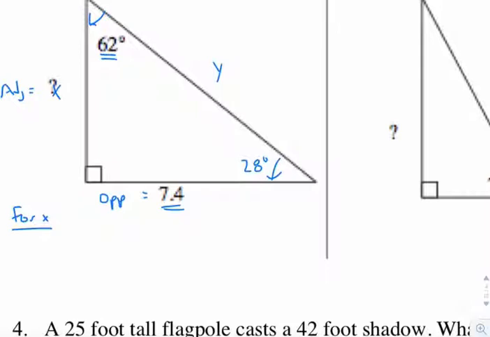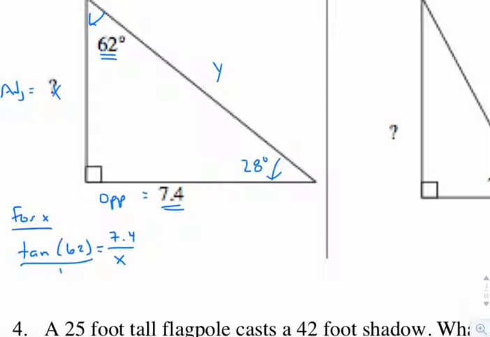So now we can go ahead and set up the trig sentence to solve. To solve for x, we're going to use a tangent value referencing angle 62, which is equal to opposite over adjacent, which gives us 7.4 over x. Now this is a standard setup for a cross multiplication problem. So let's go ahead and do that.